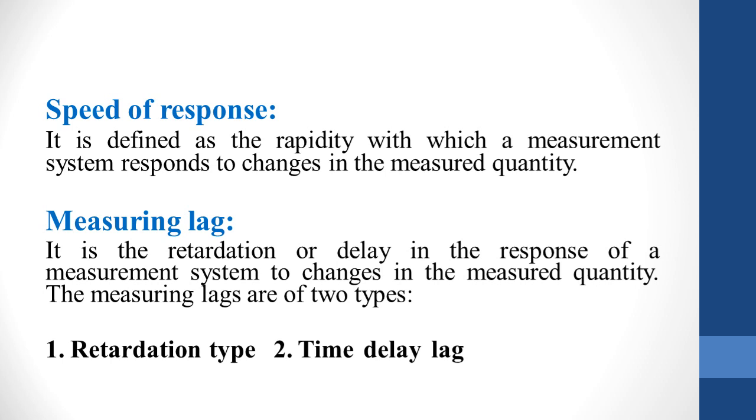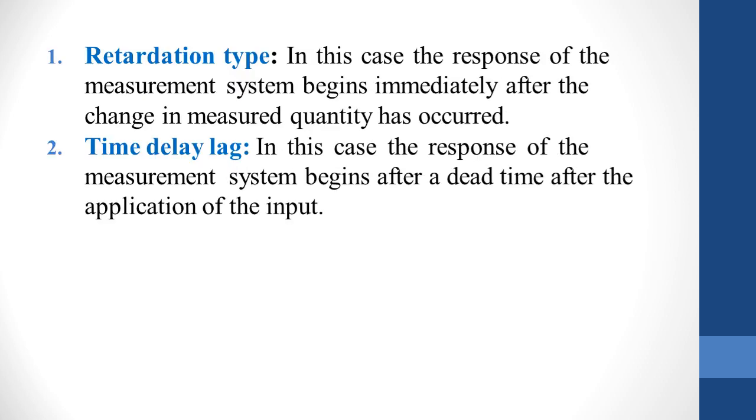An instrument is considered to be of retardation type when the response of a measurement system begins immediately after the change in measured quantity has occurred. Second one, time delay lag. In this case, the response of the measurement system begins after a dead time after the application of the input.